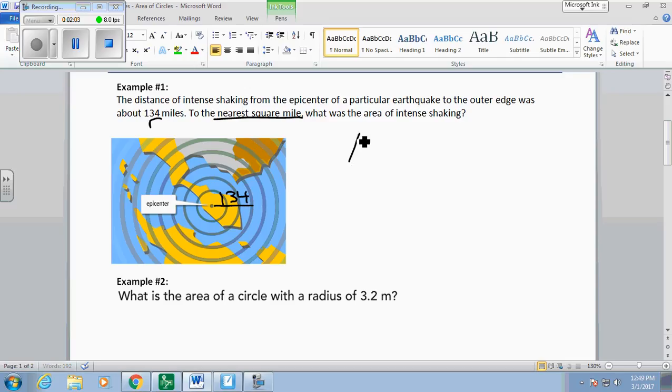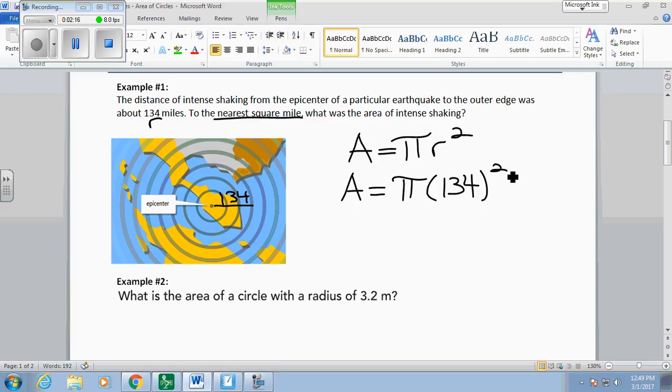So we use our formula. You write your formula down. Don't skimp on this part. We will then substitute the 134 in place of the radius. And now we'll see that we have multiplication and that we're squaring a number. So be careful here. Order of operations states that we will do the exponents first.